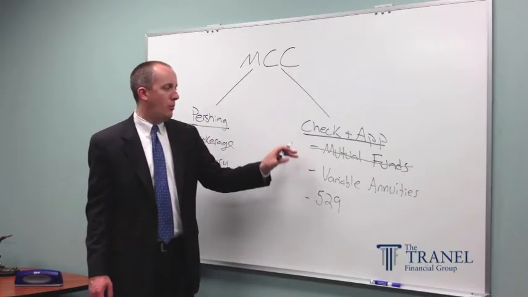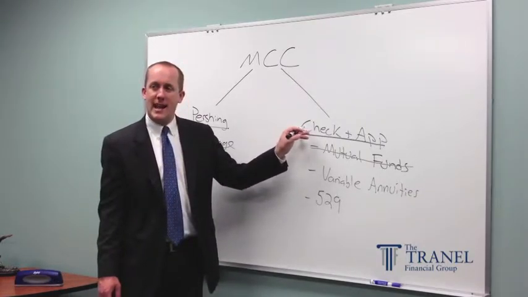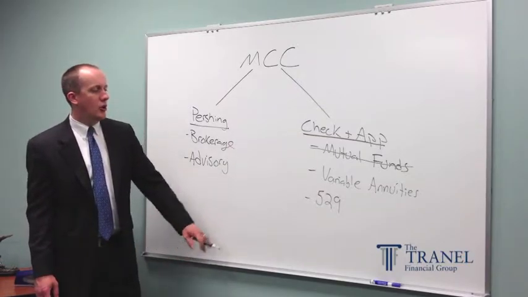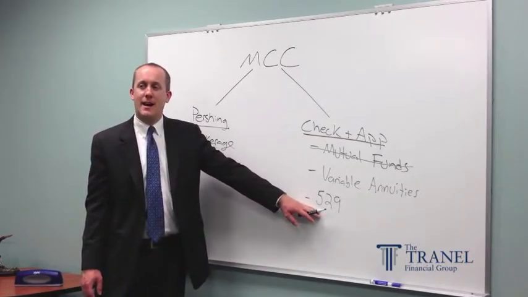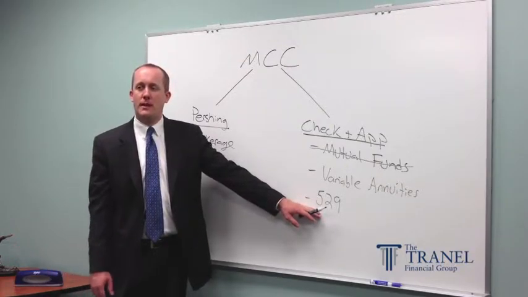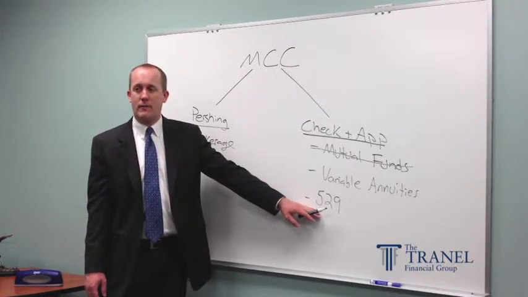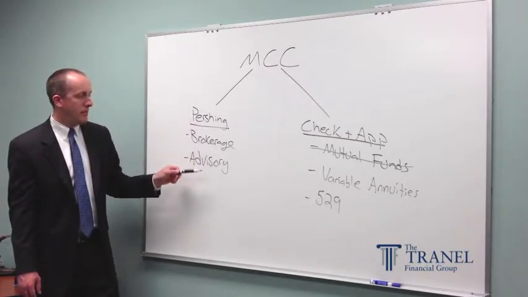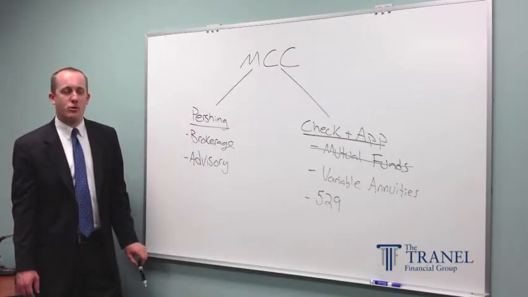So you will want to go the Checking App route to access those platforms. So you'll use Checking App sometimes for 529s, and we'll have a whole SAM School presentation where we talk about 529s. But you're also able to buy a couple platforms directly on Pershing.